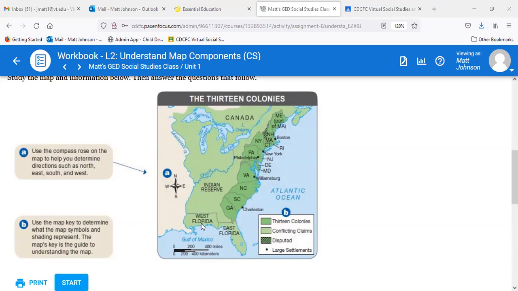It says Indian Reserve. We see West and East Florida, and disputed territory. Up here, there's a little bit of hashed marked area that's being disputed. And then we have our large settlements, like Boston, New York, Williamsburg, Charleston.